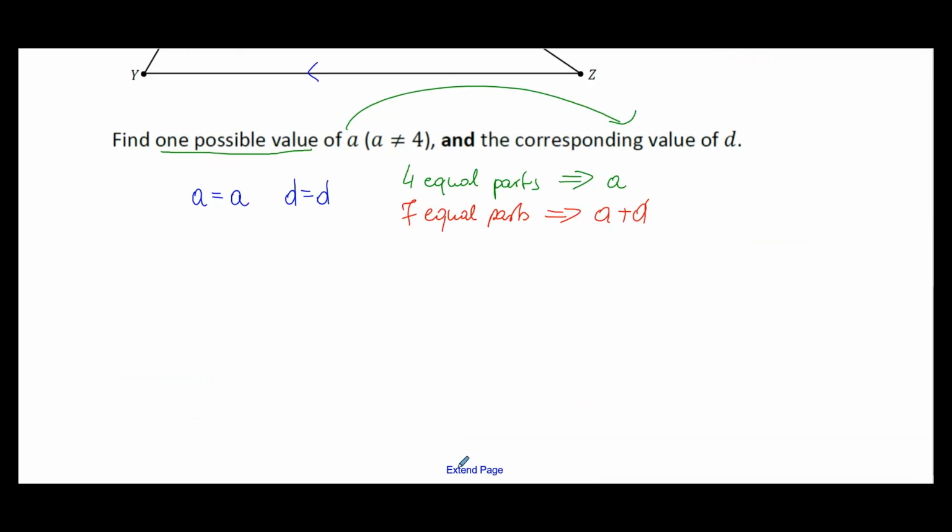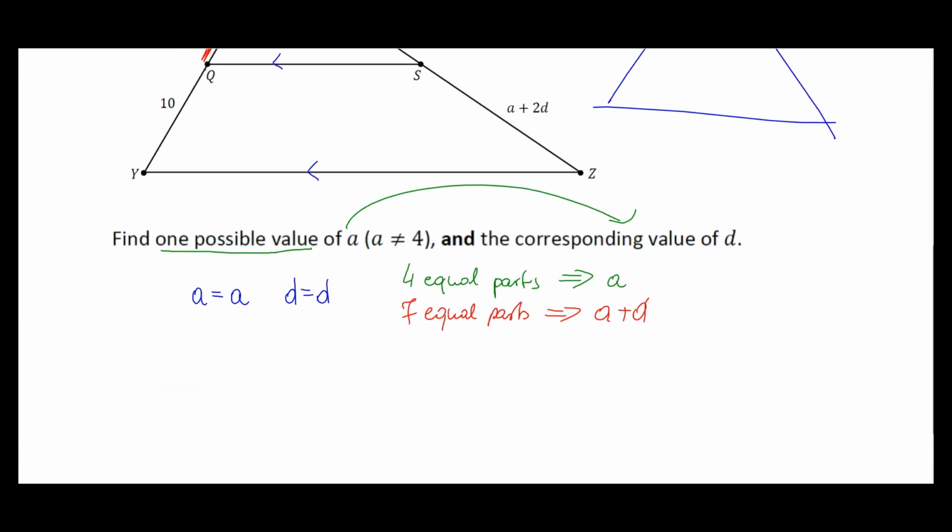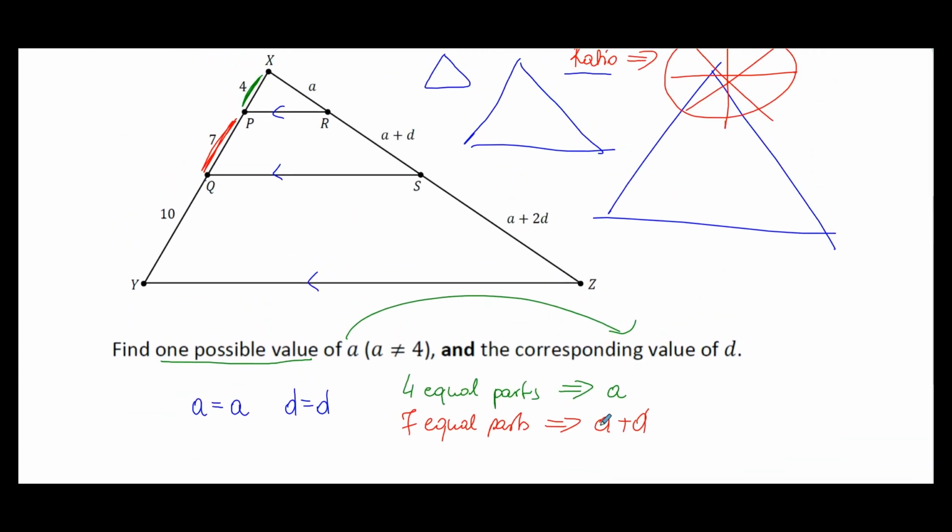So if 7 parts give me a and d together, and I know from the beginning that a got 4 parts, that means that d got 3. Together, there are 7 equal parts.